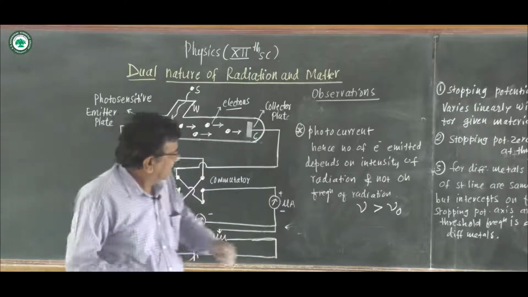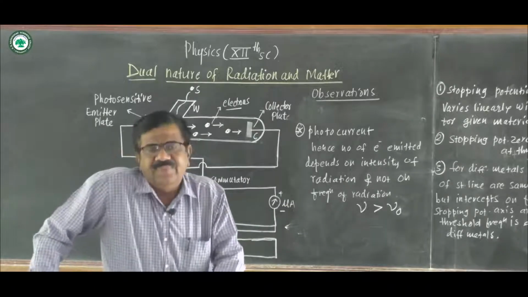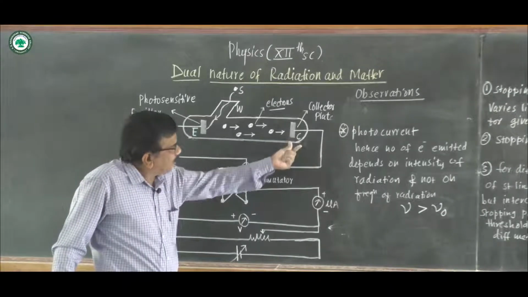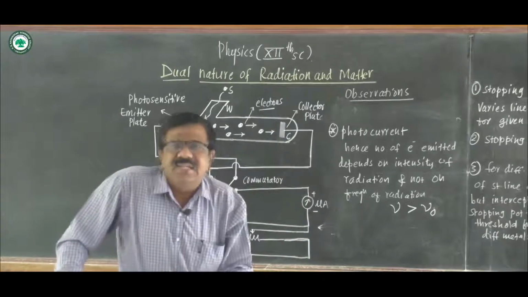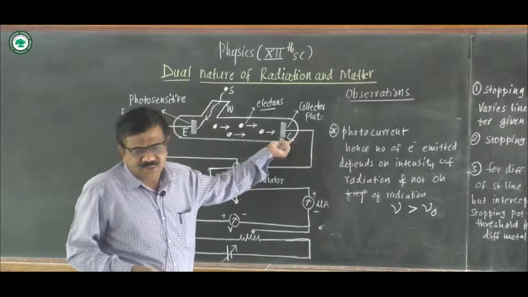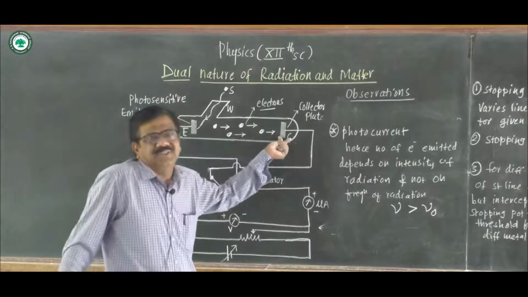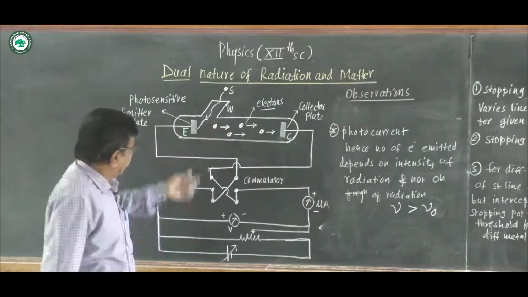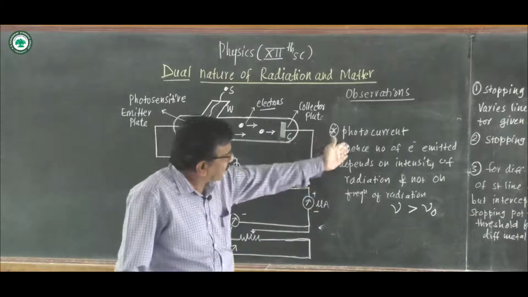But the main condition is that the incident frequency is greater than the threshold frequency, and the potential of the collector, also called the anode, is higher than the potential of the emitter, also called the cathode.